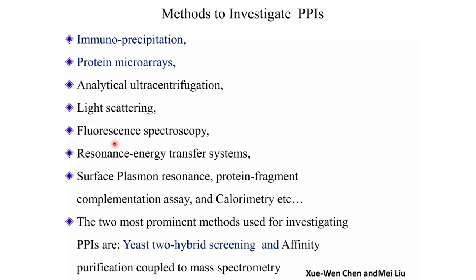You have RET, that is resonance energy transfer. You can take the help of SPR, surface plasmon resonance, protein fragment complementation assays, and titration calorimetry. And two other prominent methods for investigating protein-protein interaction are the yeast two-hybrid system and affinity purification coupled to mass spectrometry.